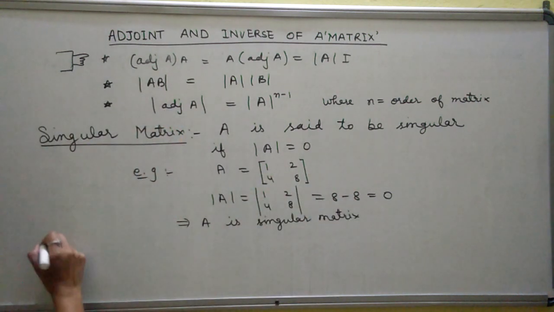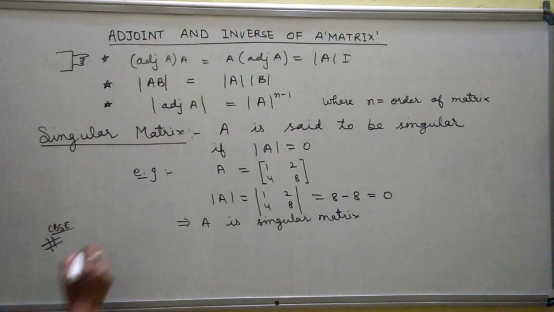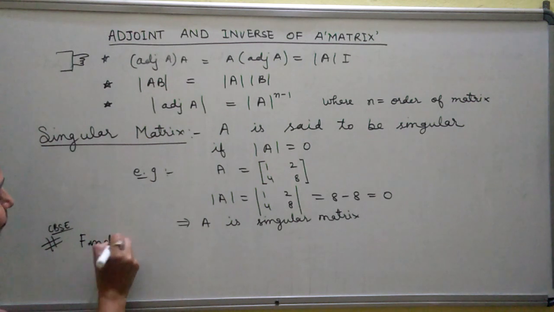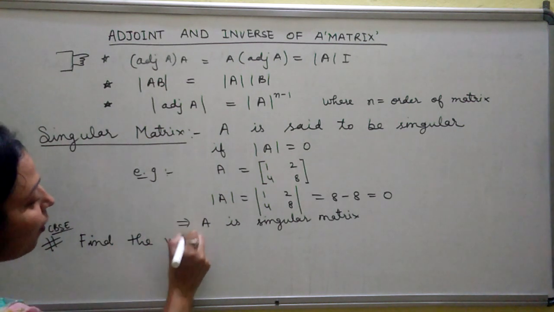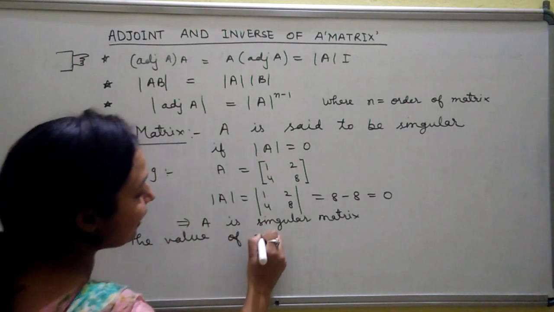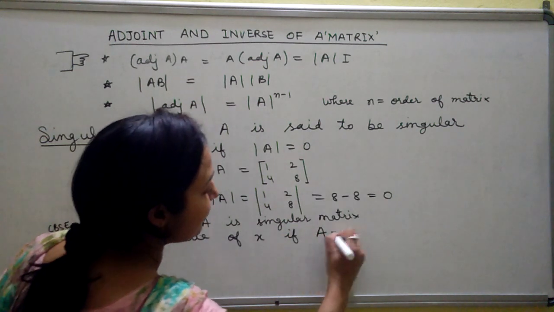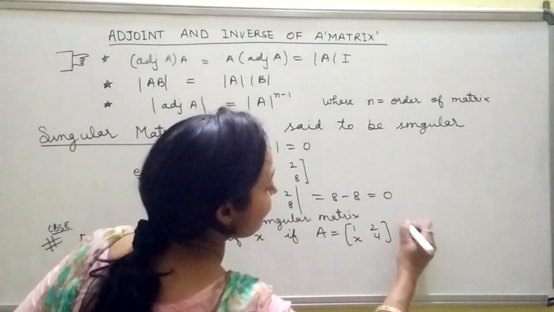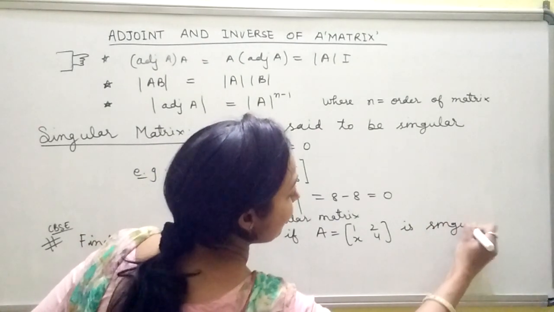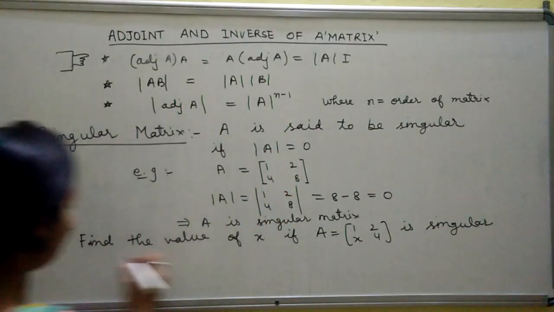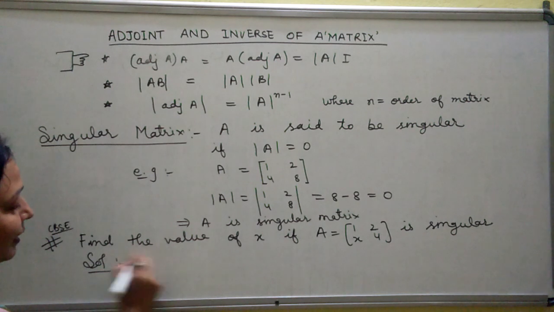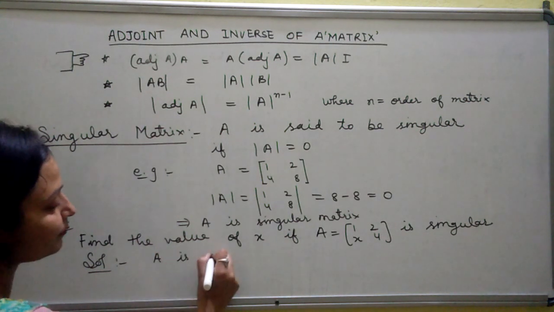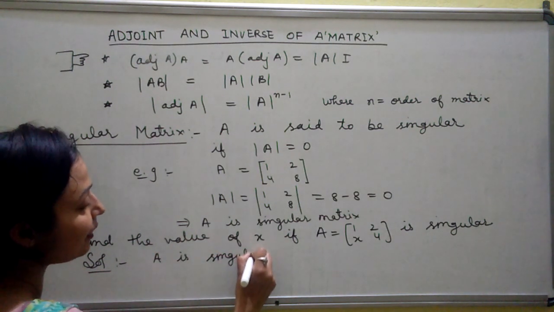In a board exam, this is a very important question according to CBSE. Find the value of x if A, that is 1, 2, x, 4, is singular. If it is singular, the solution takes A as singular.